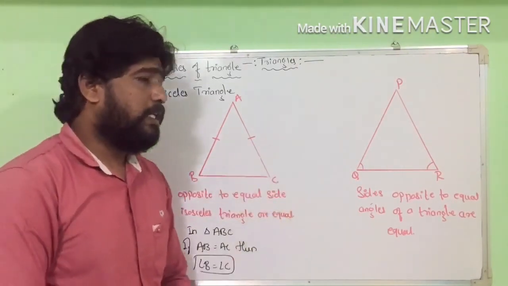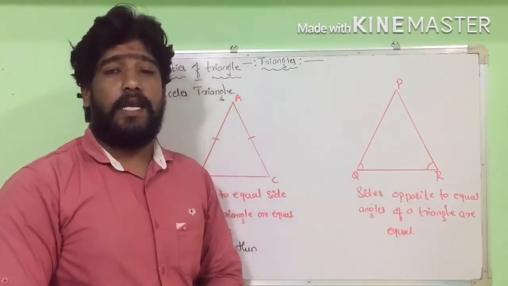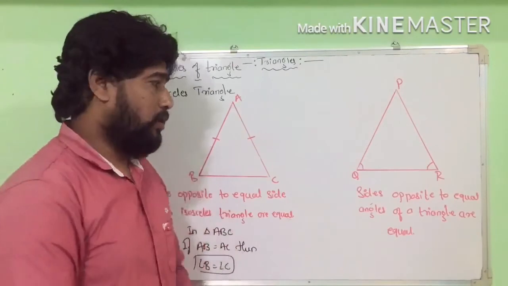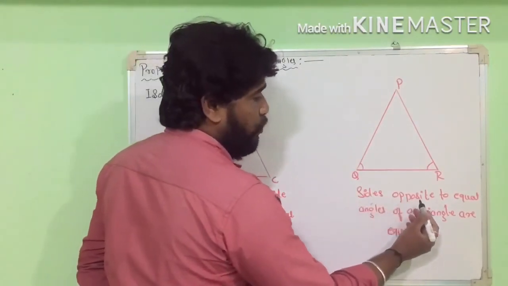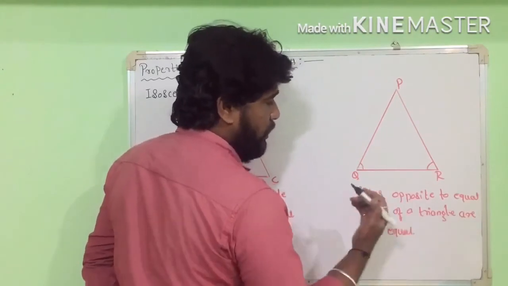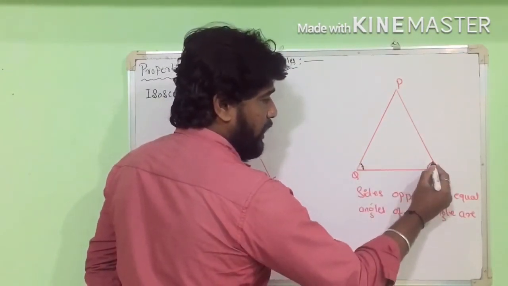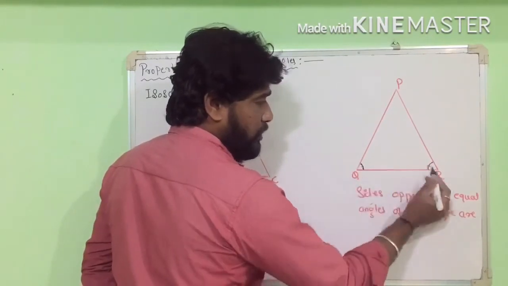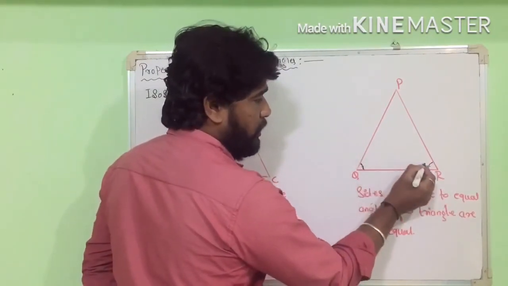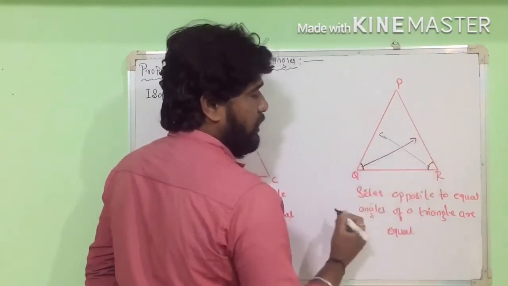So another one here, this is the converse part. So equal angles' opposite sides are equal. So here the sides opposite to equal angles of a triangle are equal. So here these two angles are equal, angle Q is equal to angle R. This angle's opposite side is this one, and this angle's opposite side is this one.